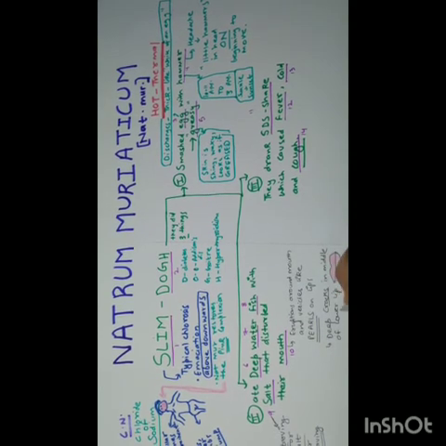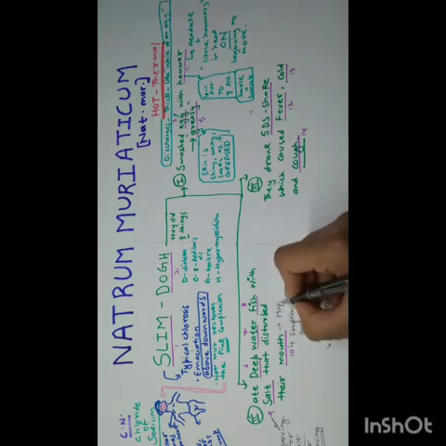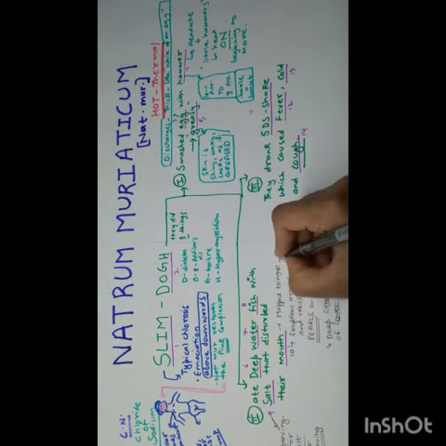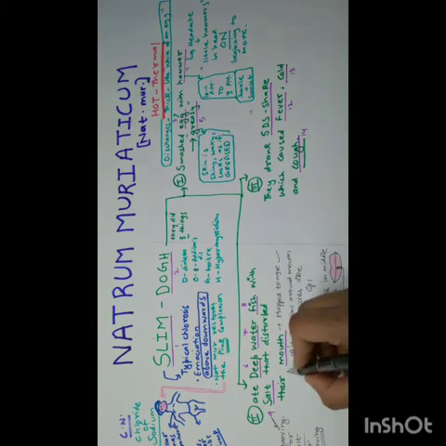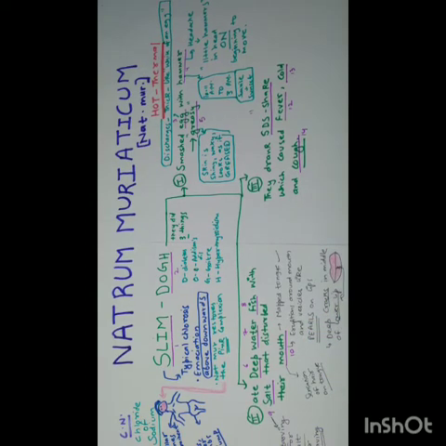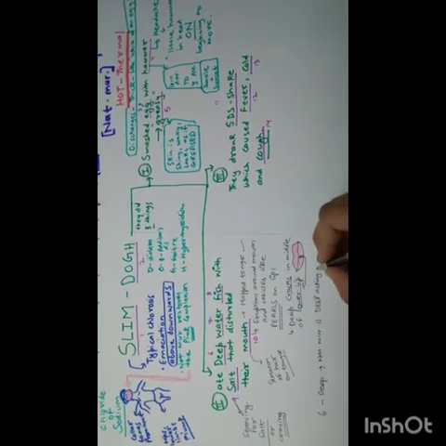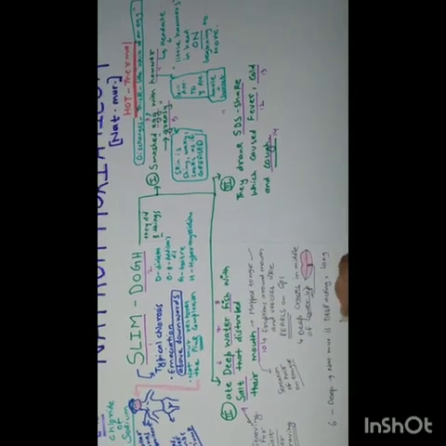Here I am drawing a picture of a lip, and there is a deep crack in the middle of the lower lip here. Just remember it. And the tongue is mapped, and there is a sensation of hair on the tongue. So this is about the symptoms regarding the mouth of Natrum Muriaticum.